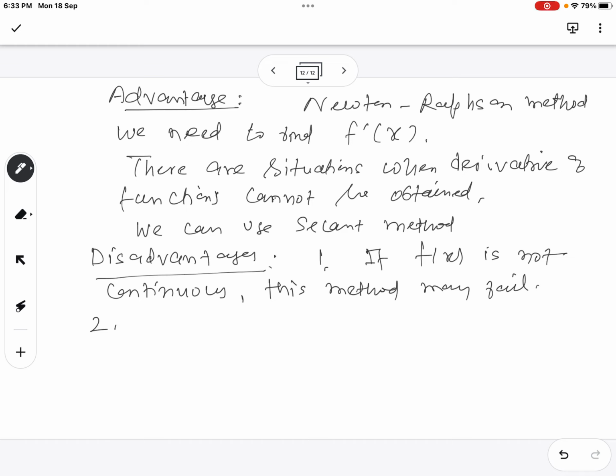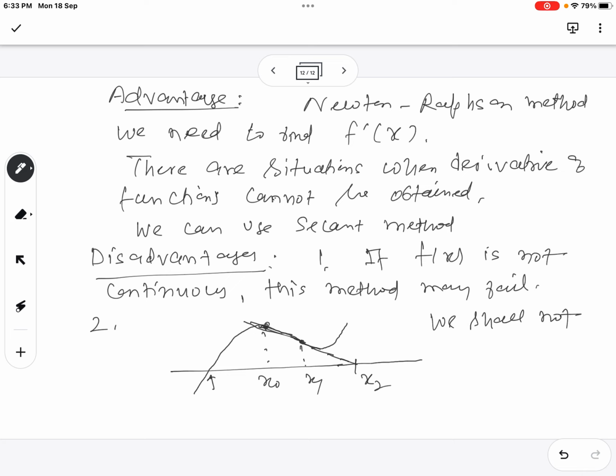Number 2, a situation could arise like this, where we have the root over here, but we choose 2 points over here, and what we see is that these are the initial approximations x0 and x1, and we find that the next approximation is even farther away from the root, and in such a situation we will not be able to find the root.